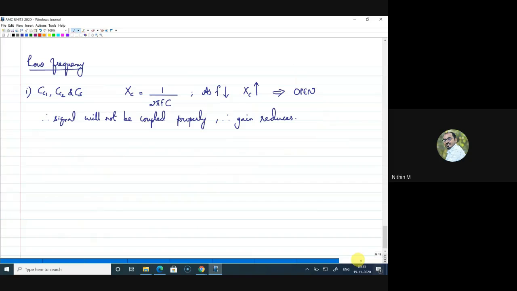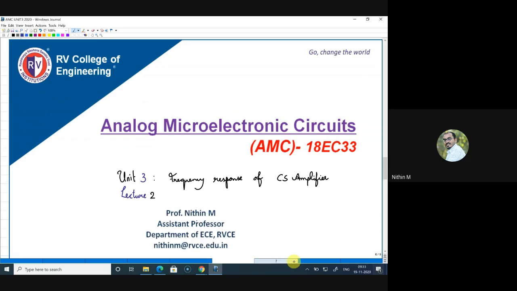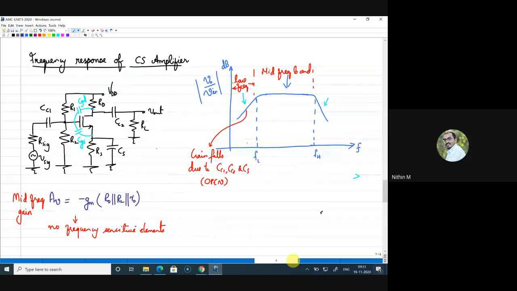All right, so coming back to low frequency, let us see the effect of CGS and CGD. At low frequency, this is CGS and this is CGD. What will happen? The effect is the same. Let me write this for CGS and CGD: 1 by 2 pi f into CGS. As f reduces, this XC increases, and this also will act as open. Now, when your parasitic capacitance acts as open, that is not going to affect you directly at low frequency.